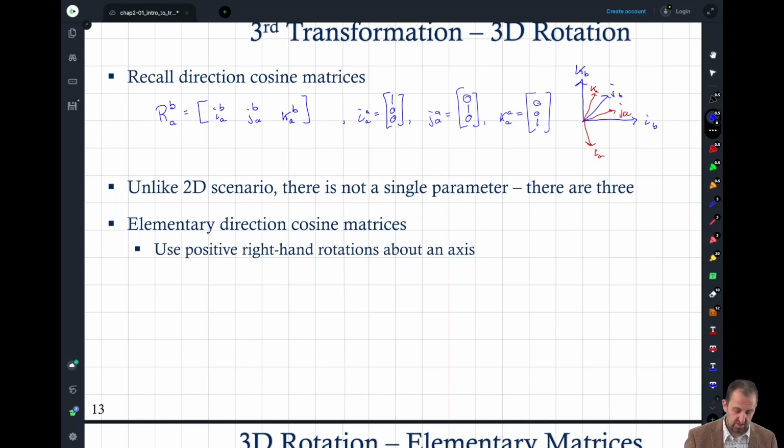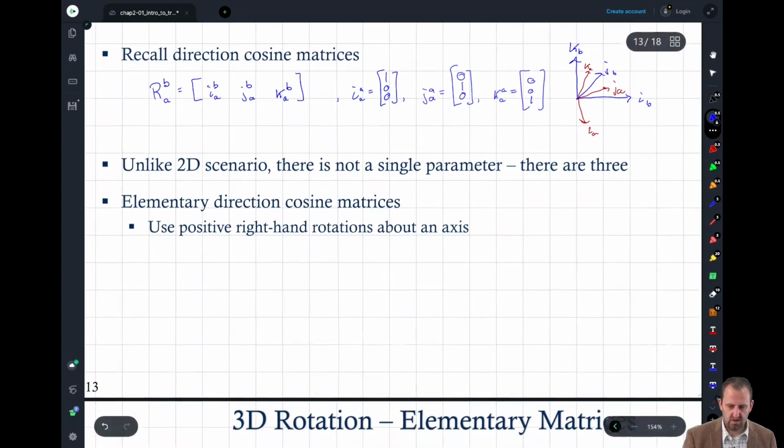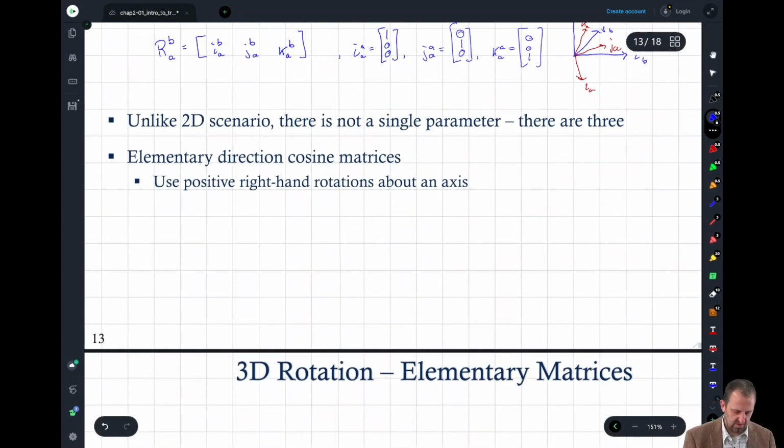Unlike the 2-dimensional scenario where we had 1 rotation, in 3 dimensions we're going to talk about 3 different parameters. For elementary direction cosine matrices, we're going to introduce 3 basic rotation matrices, and we can combine them together to form any 3-dimensional rotation matrix. If you look in various texts, they'll describe these different ways.